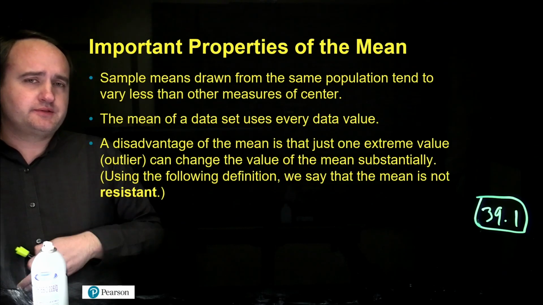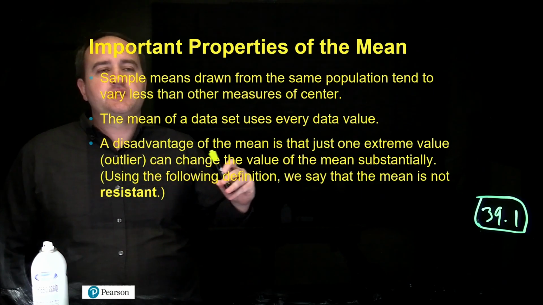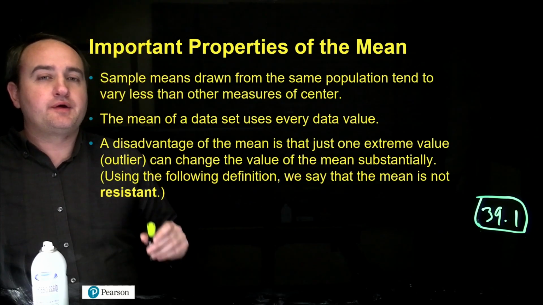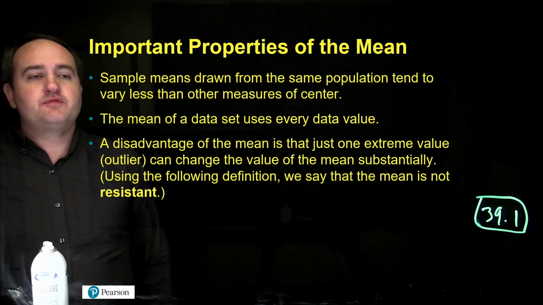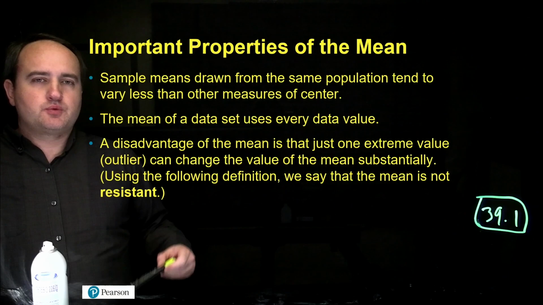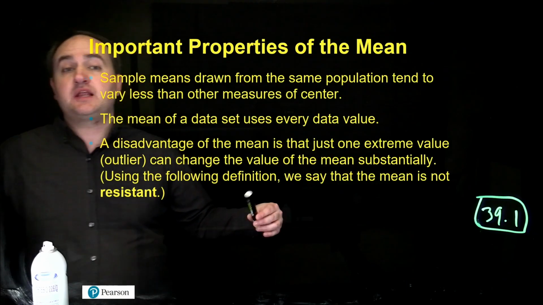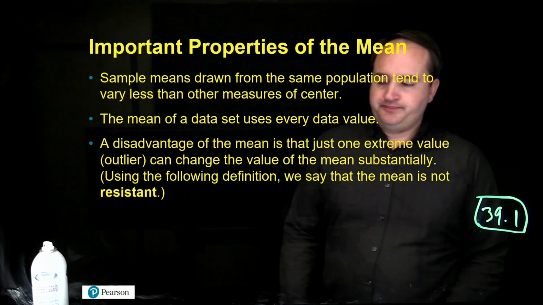This third fact is kind of a negative thing. So a disadvantage of the mean is that just one extreme value, which is also known as an outlier, can change the value of the mean substantially. Okay, so we're going to learn about the following definition on the next slide, which says that the mean is not resistant.